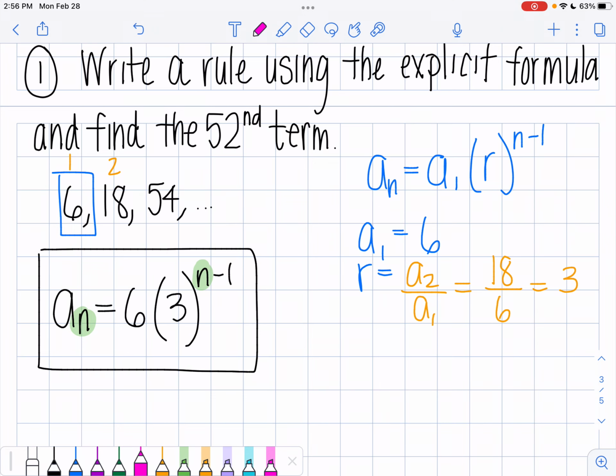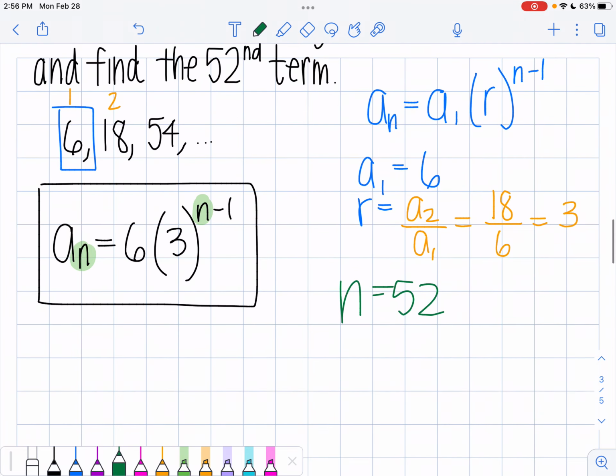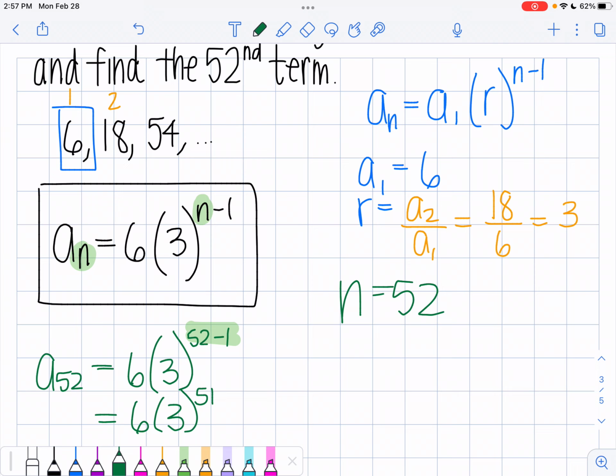I want n to be 52, so I plug this in. A sub 52 equals 6 times 3 to the 52 minus 1. I first do the 52 minus 1, so I get 6 times 3 to the 51st power.